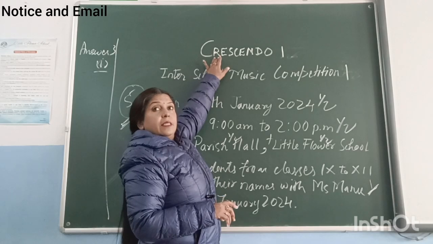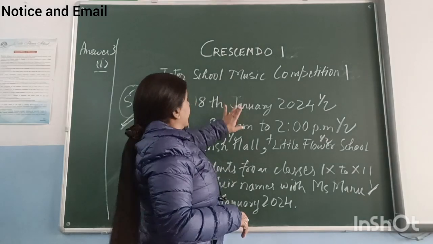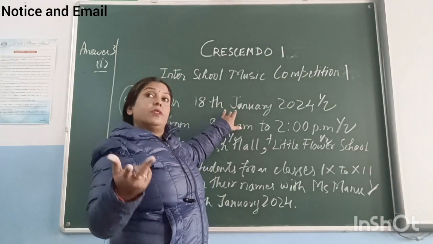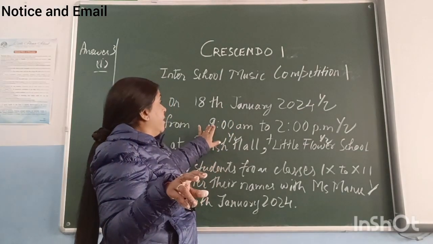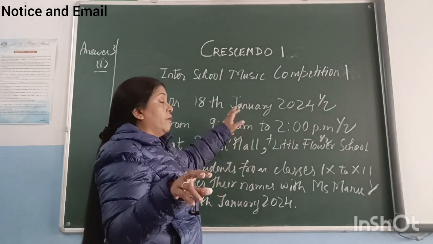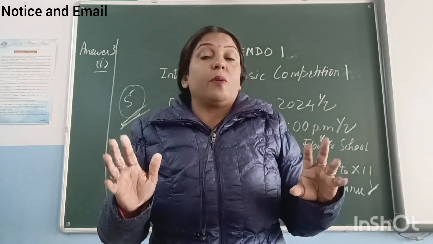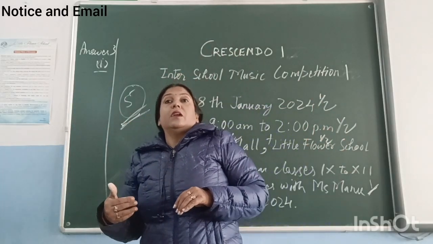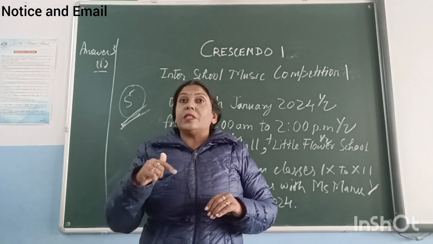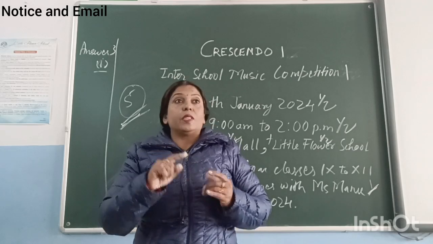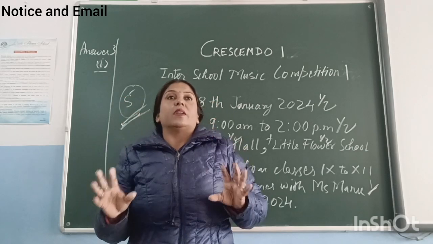This is your creative title, then the name of the event, then the date, which you have to choose after 2 weeks. Then you have to write the timing, which should be a span, because it's a music competition. So many are joining this music competition, so you will choose a time that is at least appropriate for 3-4 hours.